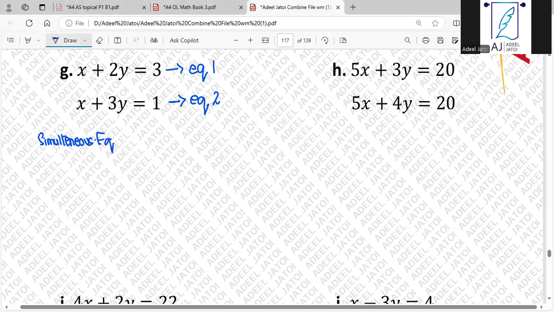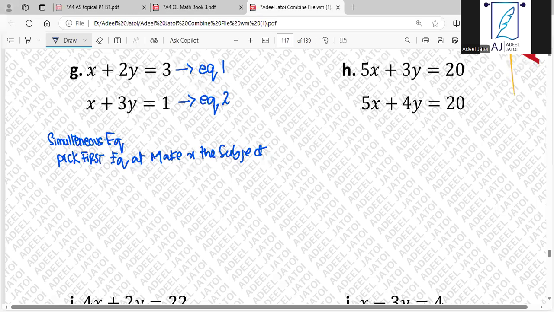what we need to understand is we need to pick the first equation and make x the subject. Pick the first equation and make x the subject.